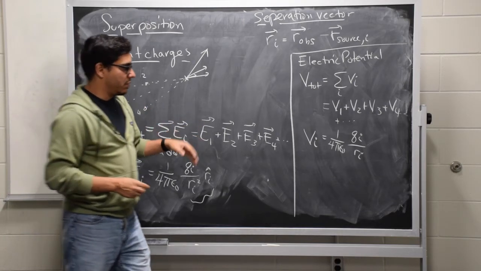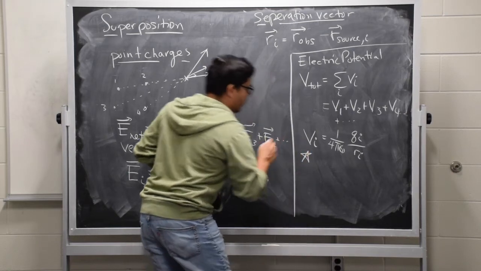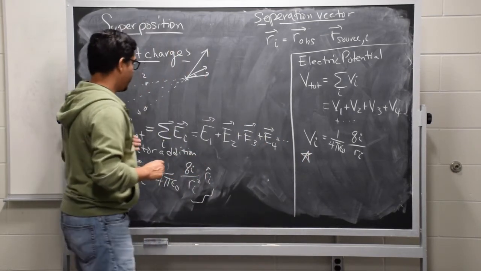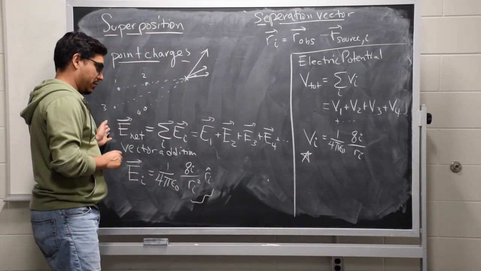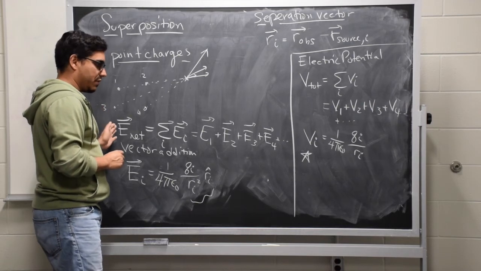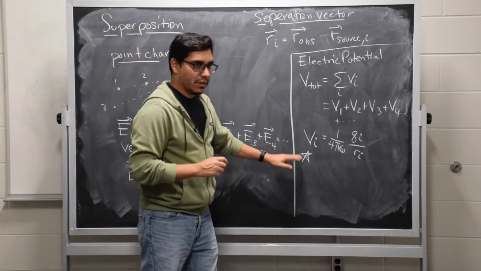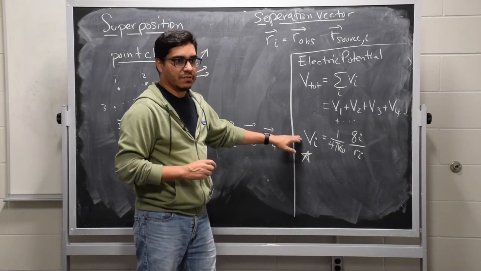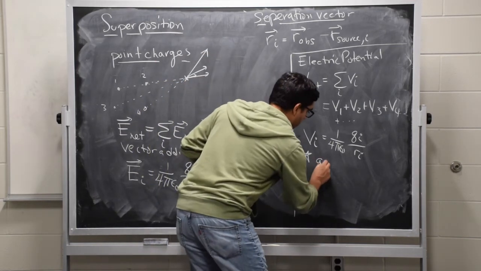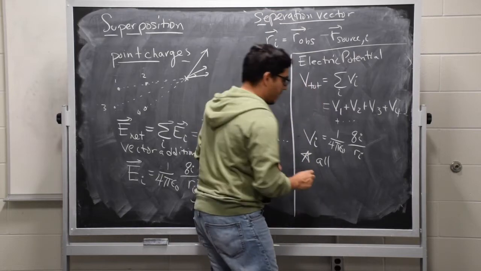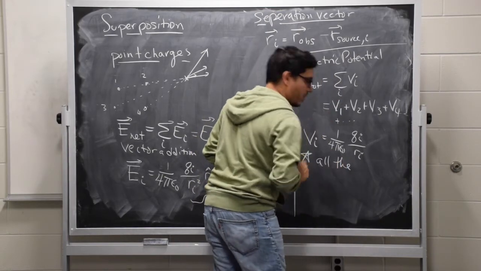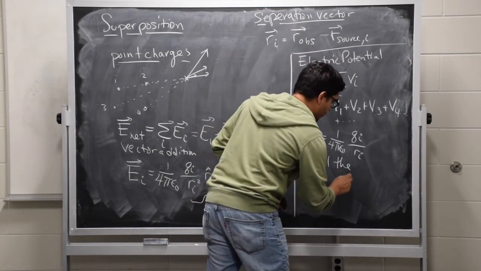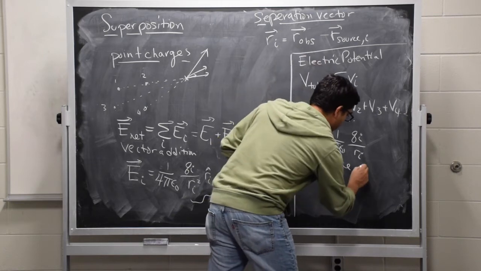What's critical here, and this is sort of a caveat, is that adding up the electric field works all the time. This one you have to be a little bit more careful with because all of these potentials have to have the same zero. And that might not get you in trouble in this class, but it might get you in trouble in some other advanced electrical course that you're taking.